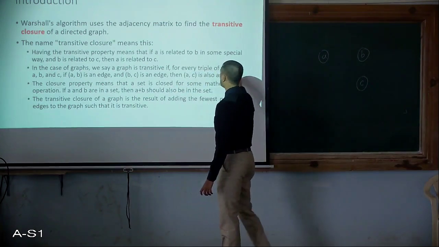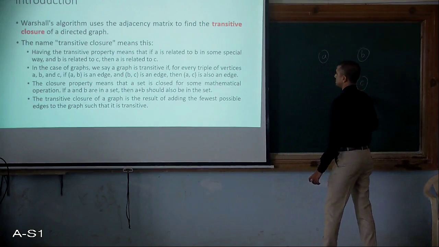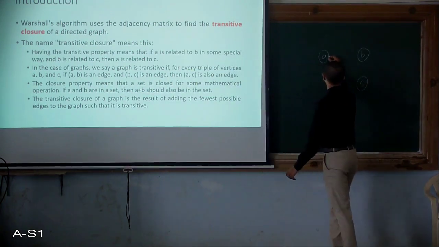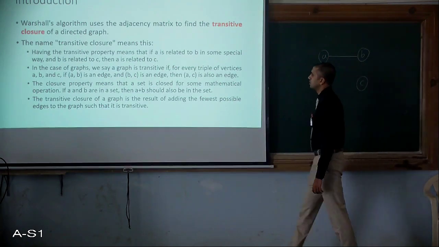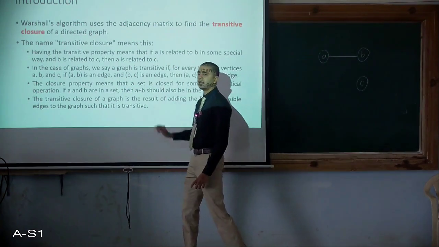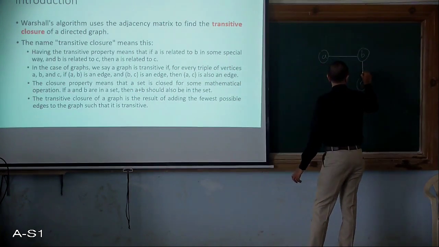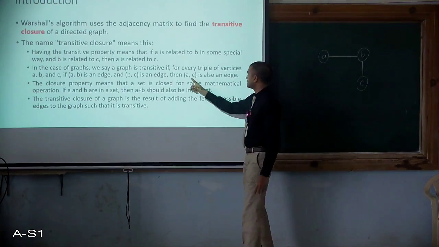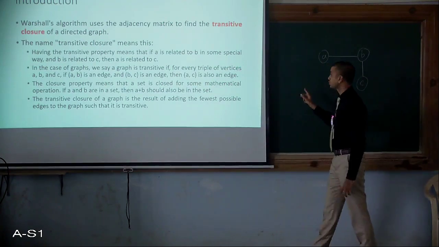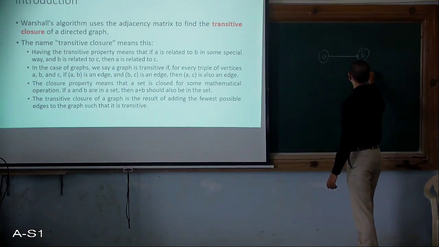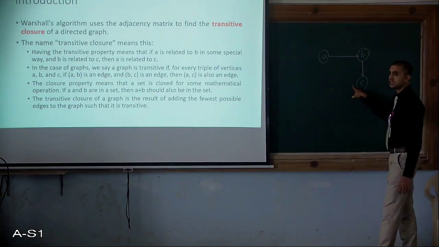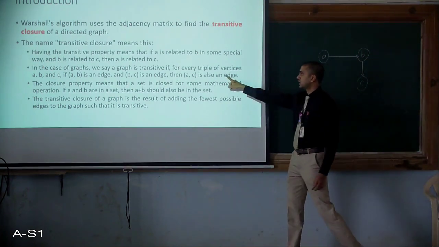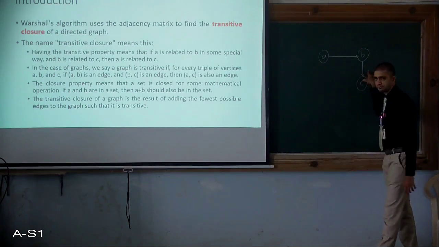For every triple of vertices, which means that I have three vertices in a graph, if I have an edge from A to B, and if I have an edge from B to C, then I can say that A to C is also an edge, which means I can have a path from A to C using this intermediate vertex B. This is the transitive property for a graph.